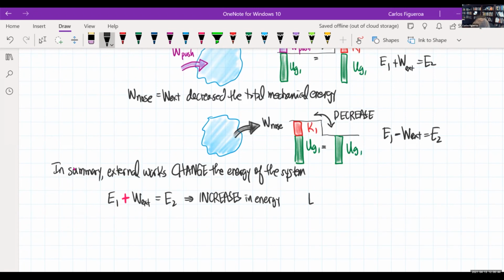If I have energy and I clearly see a minus sign here, then that means that this external work decreased the energy. So we have to pay attention to how the force is acting in the direction of the displacement. Is it with the displacement or is it against the displacement?